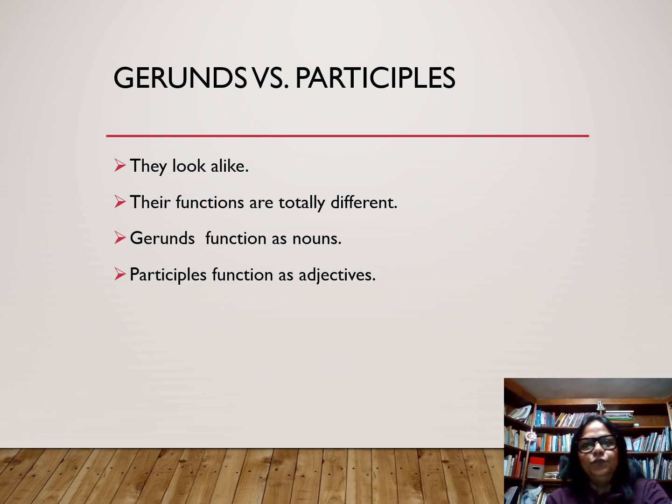You are not saying the blue train or the red train, something like that. You are using a word that comes straight out of a verb but is not functioning as a verb. So it is a verbal adjective. All verbal adjectives have a grammatical name, and that is participle. Now, participles again are of two types.